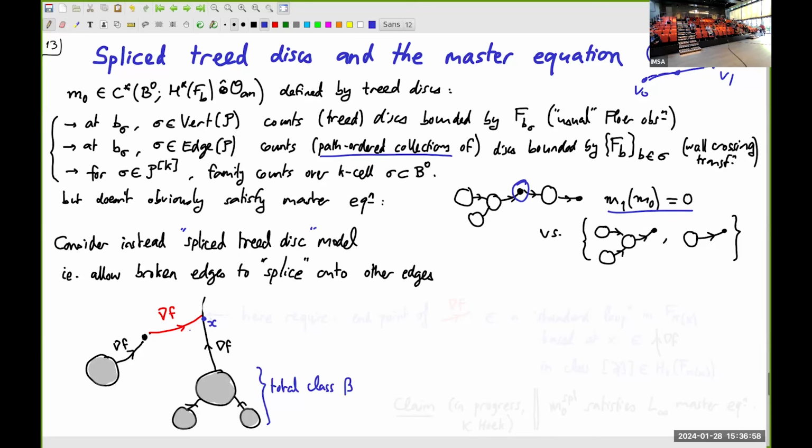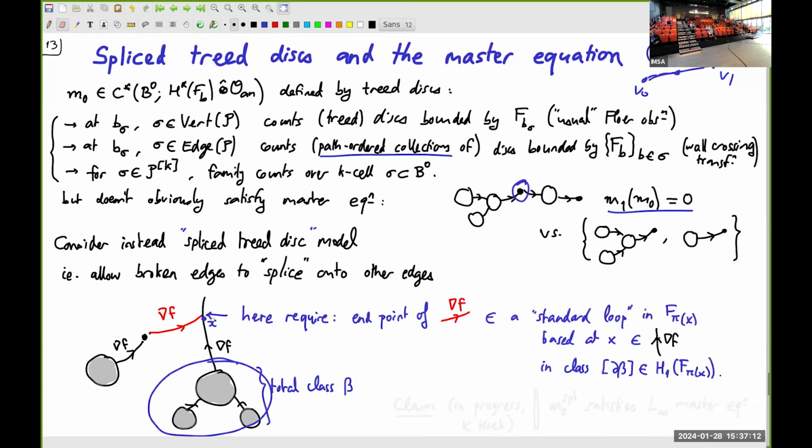Instead, for a splicing edge, each edge in this story knows all the disks that live below it. There's some total homology class data, and I can carry that information along, and I call that the weight of the edge, maybe. And then the condition for a splicing is that the red gradient flow line lands not at a point on the flow line, but rather at a point on some loop through the point at that flow line.